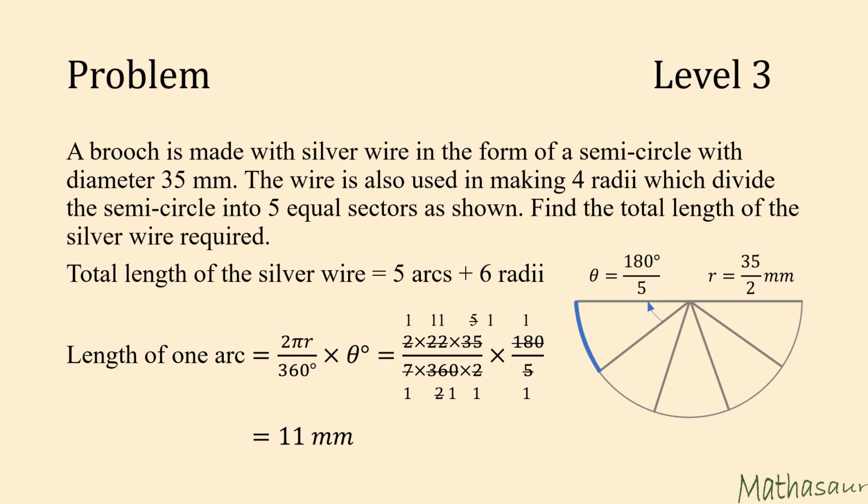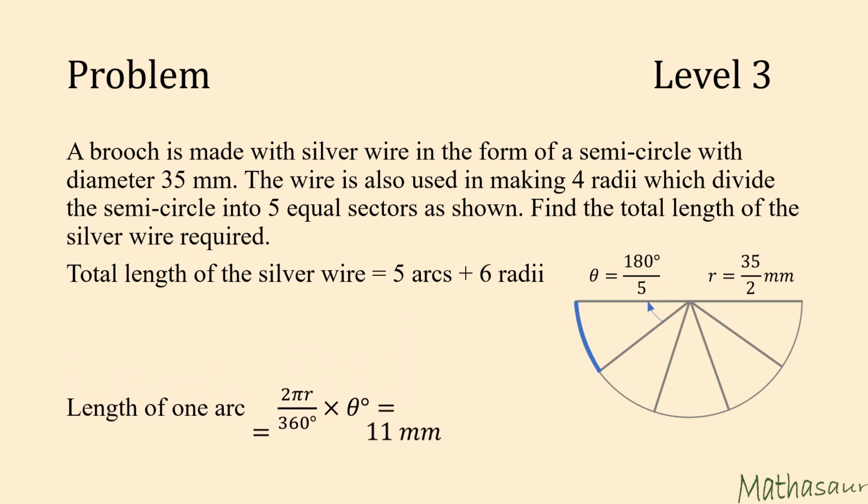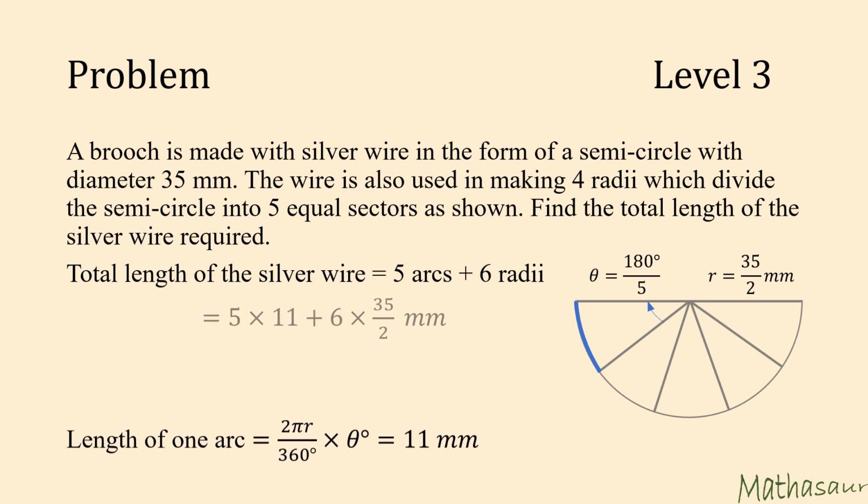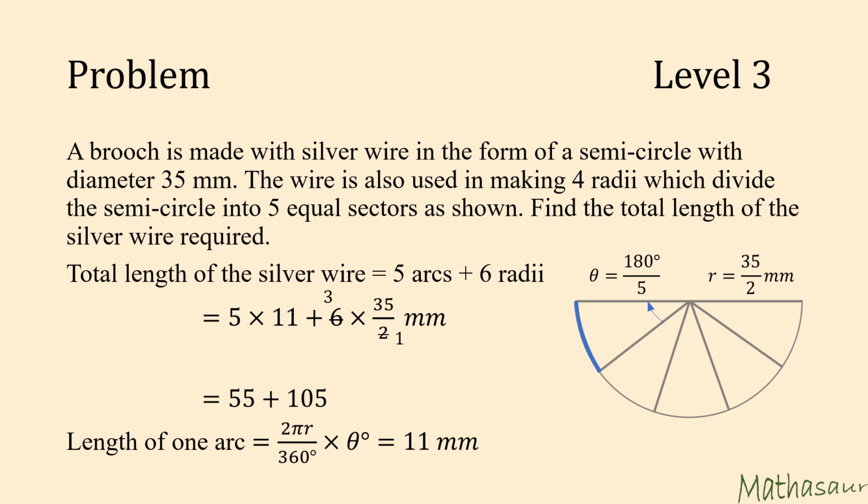And we see that length of one arc is equal to 11 millimeters. Now we know the length of one arc and we know the length of the radius. So let us substitute the values and simplify. And we find that the total length of the silver wire required would be 160 millimeters.